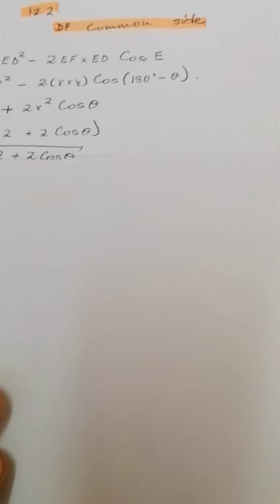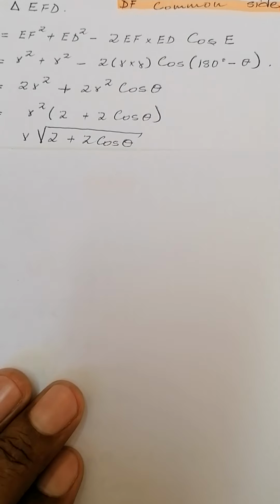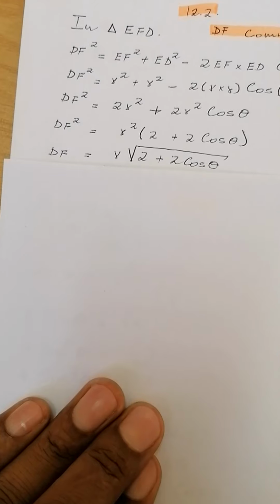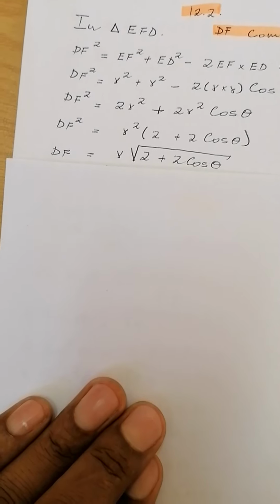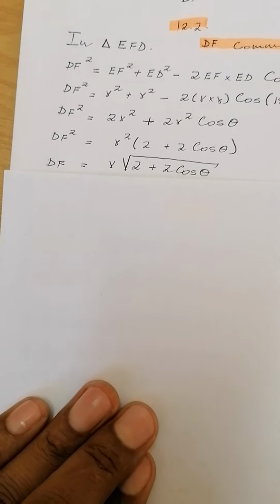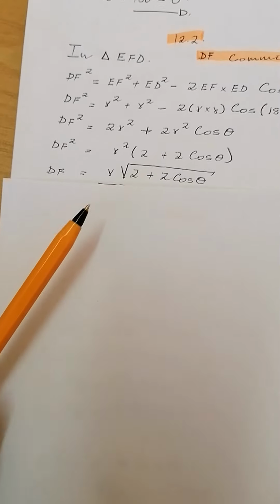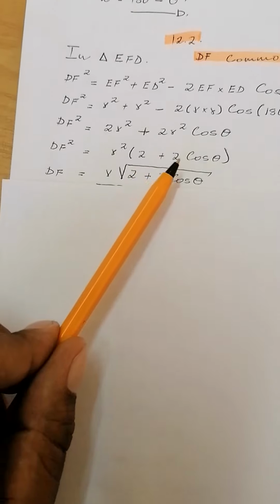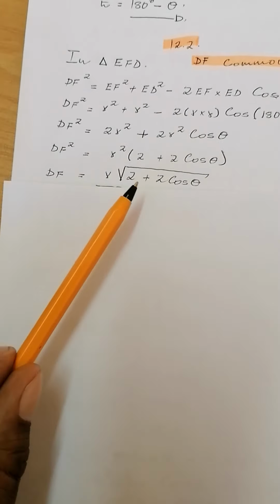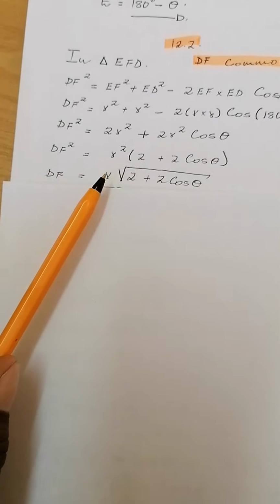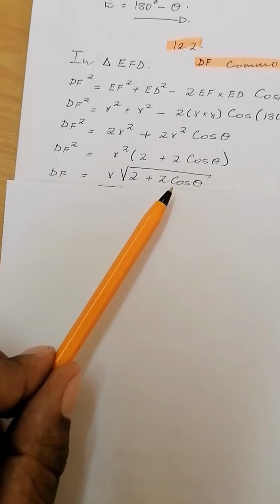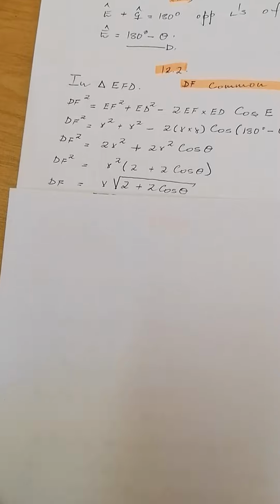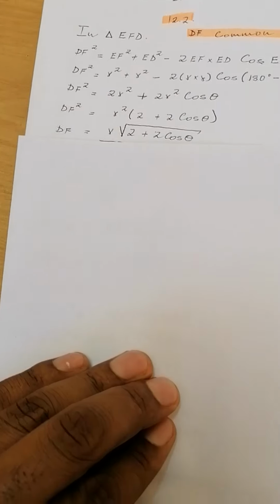If I take the square root of both sides, the square root of DF squared is DF, and the square root of R squared multiplied by 2 plus 2 cos theta is R square root of 2 plus 2 cos theta. We have answered that question for 2 marks.